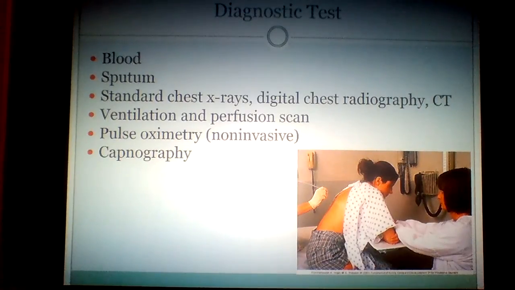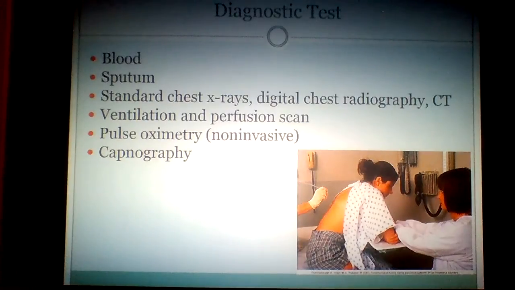Once again, it's a radioactive isotope that's put into there. And like I said, it's also called the VQ scan. So lots of information, and there are other tests. You have pulmonary function tests also that could be in there. We'll talk a little bit more about some of those things, but I just hit on the major ones.